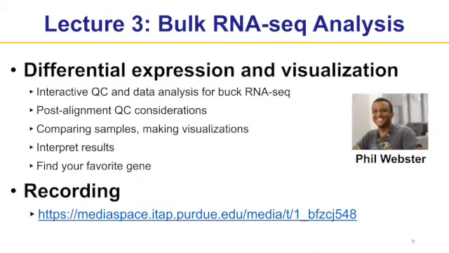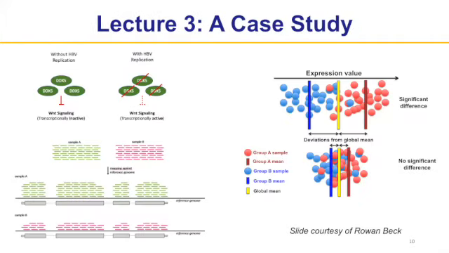And in the next lecture, Dr. Webster dug down into the details of the bulk RNA-seq analysis: how to do the differential analysis, how to visualize the results and the data, and also some post-alignment QC. Again, these are courtesy slides from Ron.